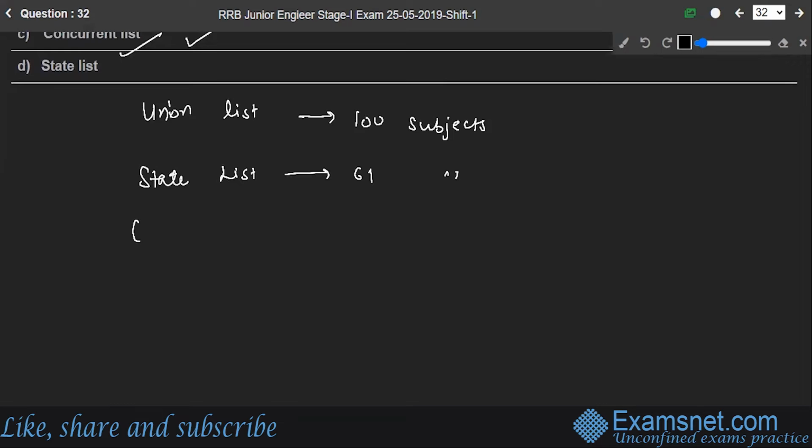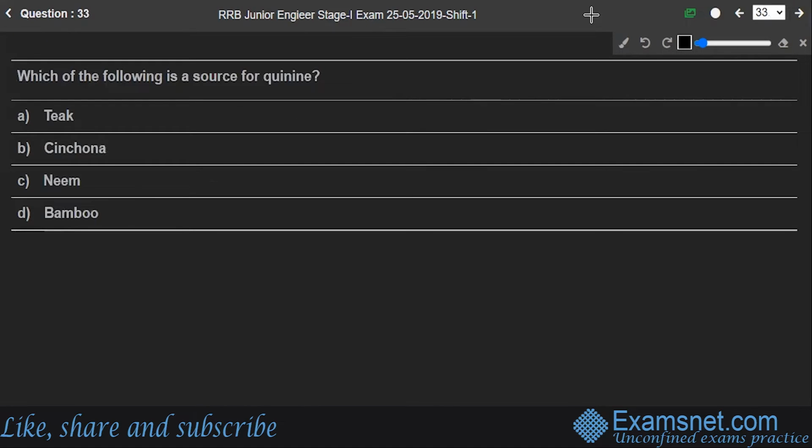Then is your concurrent list, which contains 52 subjects, originally 47, on which both union and state governments can make laws. If there exists any discrepancy, then union laws prevail. So you have option C, concurrent list, as the right answer. Hope you understood that.